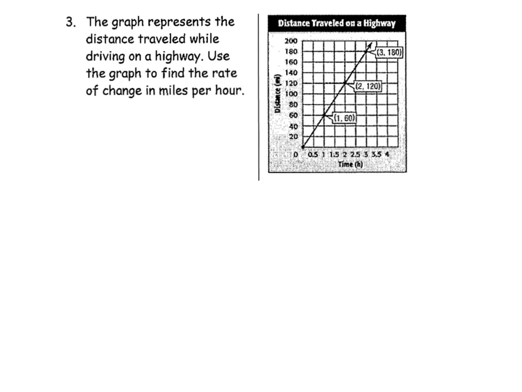Number 3, the graph represents the distance traveled while driving on a highway. Use the graph to find the rate of change in miles per hour. Okay, so let's make an XY table. What's my first x value? 1.